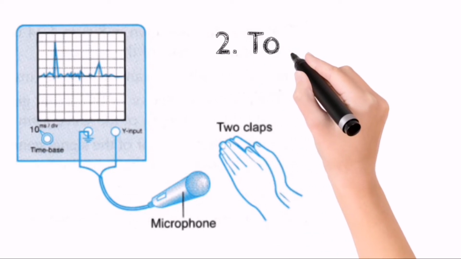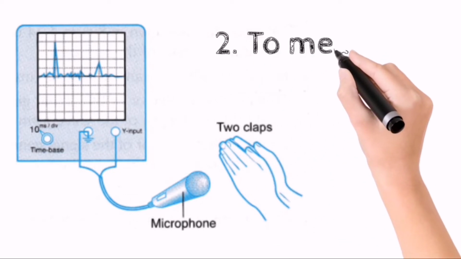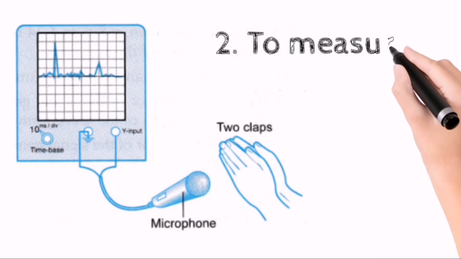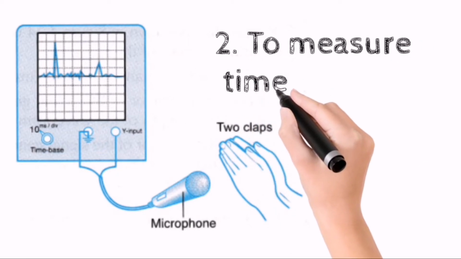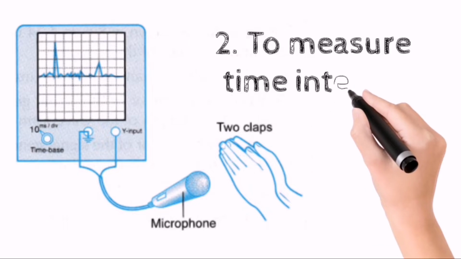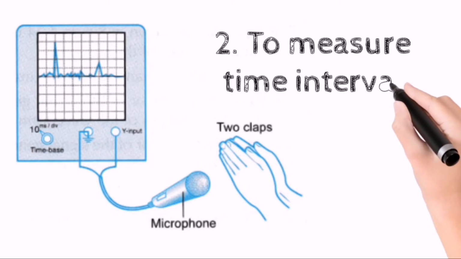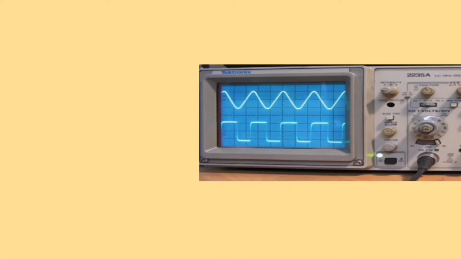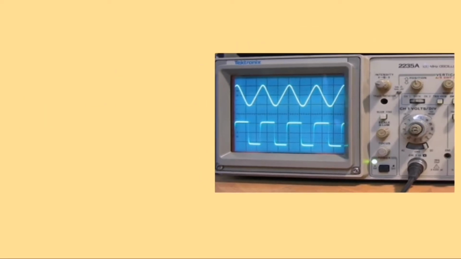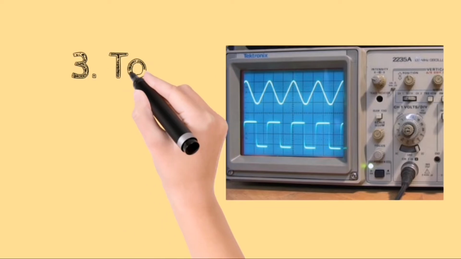For example, the time in between two claps, the time in between two heartbeats or pulses, and the time in between sending and receiving a signal using sonar to determine the depth of a seabed. And third, it can be used to display a waveform.